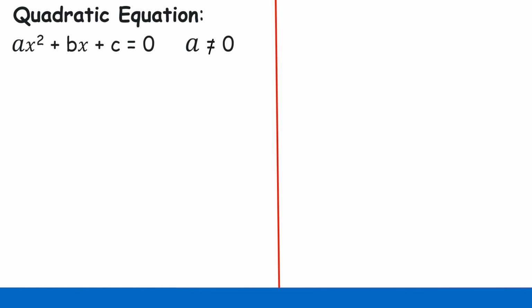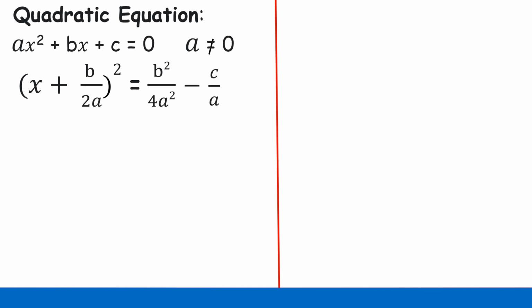So let's look at the simplification. We have arrived at x plus b over 2a all squared on the left-hand side, and it is equal to what we have on the right-hand side, which is b squared all over 4a squared minus c over a.